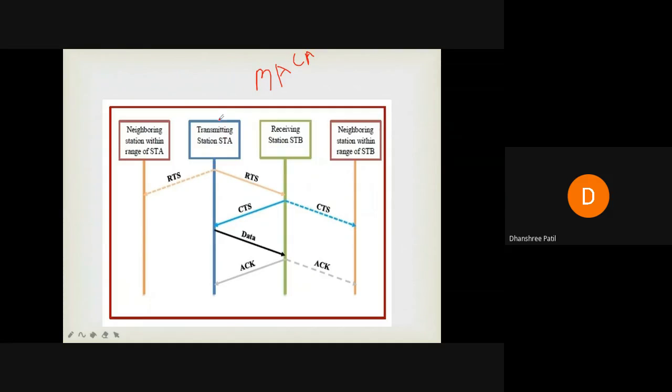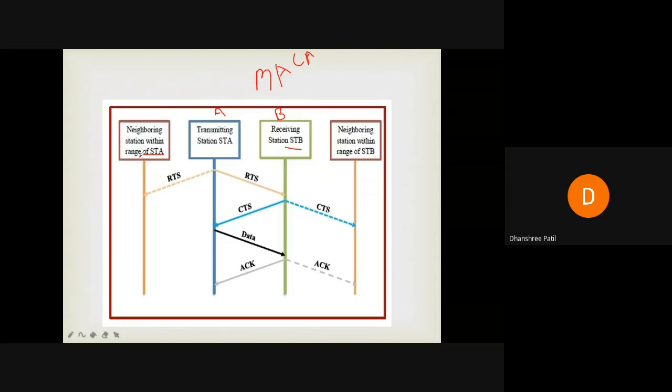Now suppose this is station A and this is station B. Suppose station A wants to transmit a frame to B. So it will transmit one small message, called a request to send message, that is RTS, to B as well as to the other neighbors which are in the range of A. You can see here RTS and RTS.